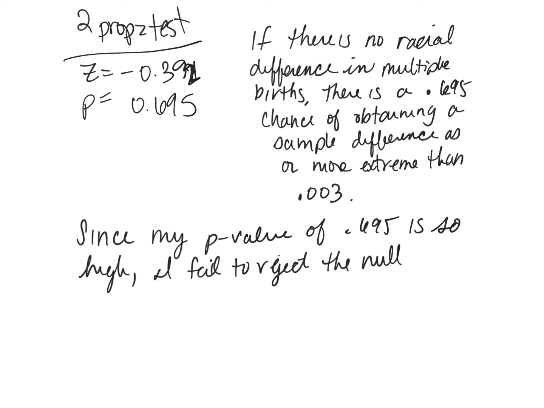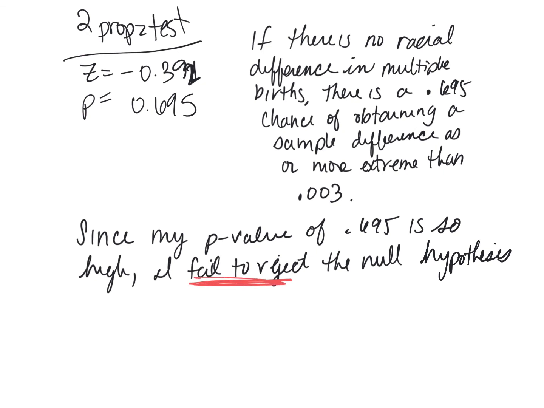If it's close to your alpha, that's when you really want to make that comparison. If it's 0.06 and my alpha is 0.05, that's where you really want to make those comparisons. But when it's super high, you can just say because it's so high. I failed to reject the null hypothesis. Right? It's high, so I'm failing to reject.